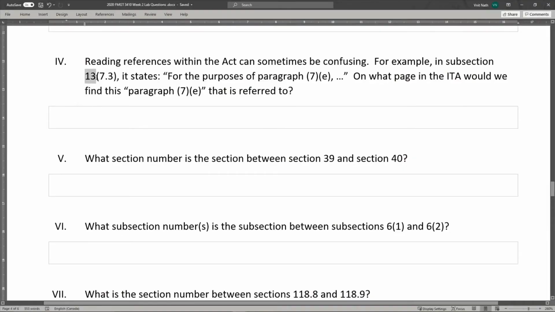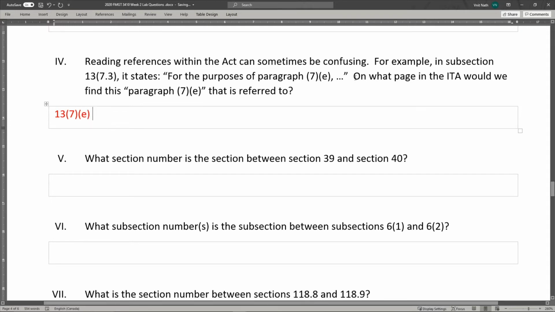Let me show you what I mean. We're in section 13. And that means that this reference inside of section 13, subsection 7.3, it's referring to section 13, subsection 7, paragraph E.